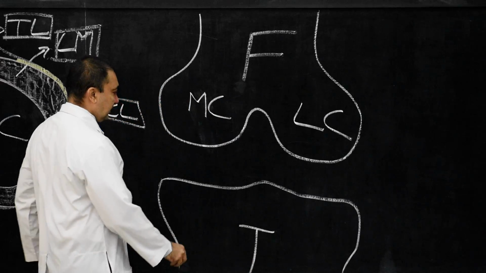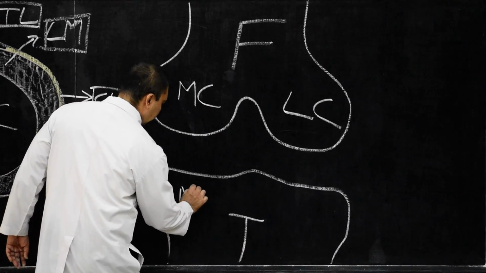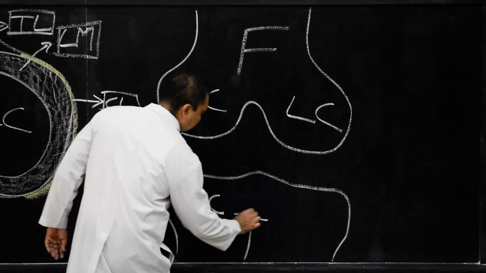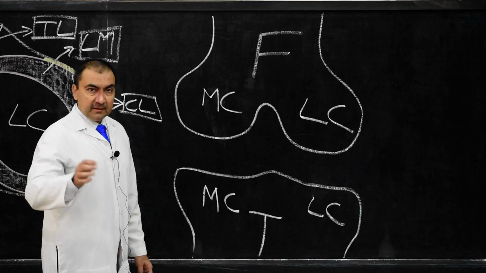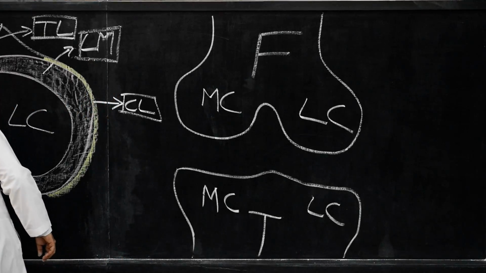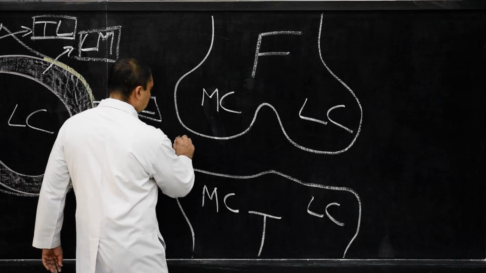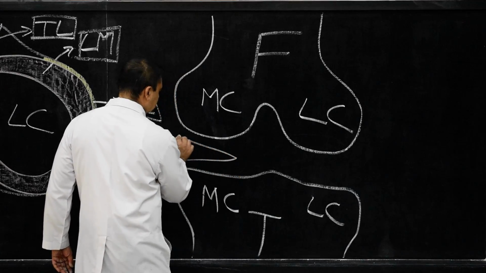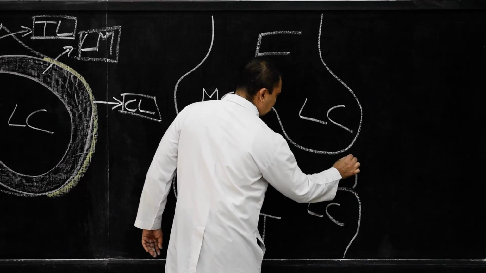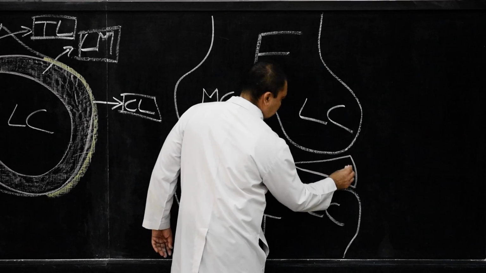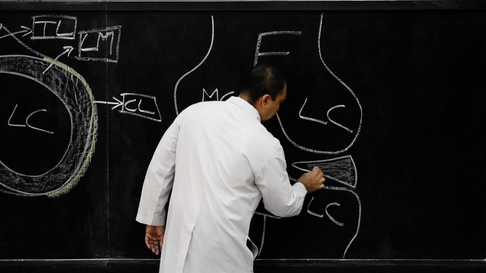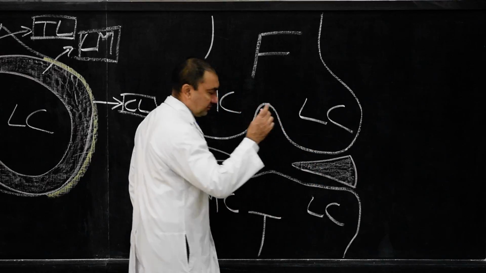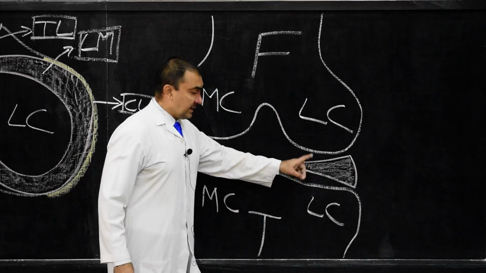Of course, medial and lateral condyle. This will be once again medial condyle and lateral condyle. On this medial and lateral condyle, we are going to show the semilunar cartilages, cross section of the semilunar cartilages. So here, this is the lateral semilunar cartilage, which is known as lateral meniscus.